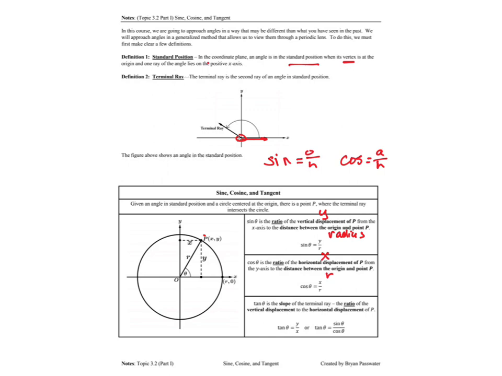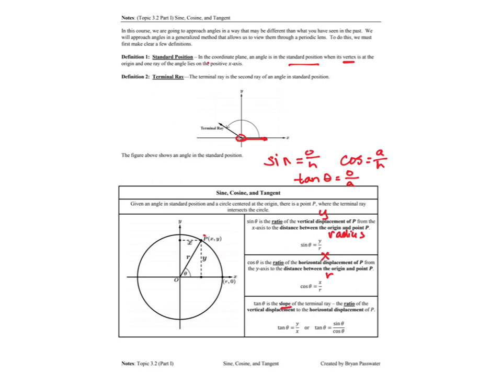Okay. And then tangent, you said SOHCAHTOA. So tangent theta is opposite over adjacent. In this case, tangent theta is the slope. Guys, you need to know that. Tangent's the slope. It's the rise over the run.